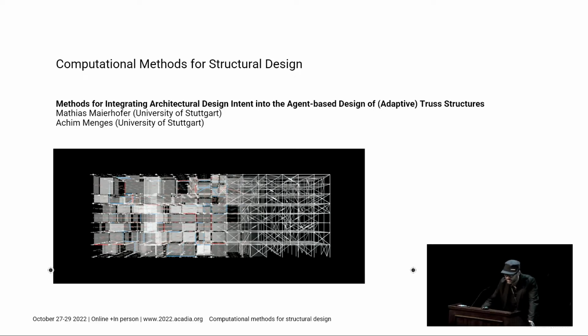They describe an agent-based design environment previously developed to explore adaptable truss topologies beyond established structural topologies. The scope of their research here is to develop strategies to negotiate design intent with the adaptability objectives of such agent-based systems. The paper addresses these challenges through the example of elementary objectives common in early architectural design.